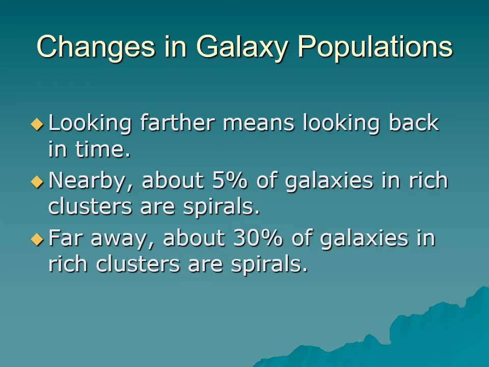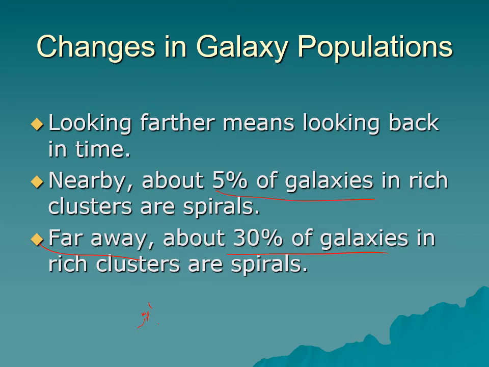Nearby, about 5% of the galaxies in rich clusters are spirals. Rich clusters are the ones that have a whole bunch of galaxies all close together. Far away, about 30% of the galaxies are spiral. Now, what does that mean? The farther away you look, the farther back in time you're looking. So if you look at something a billion light years away, you look at something that's a billion years younger than it is today.